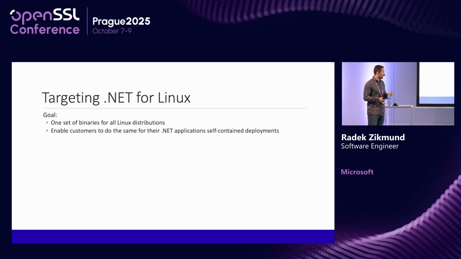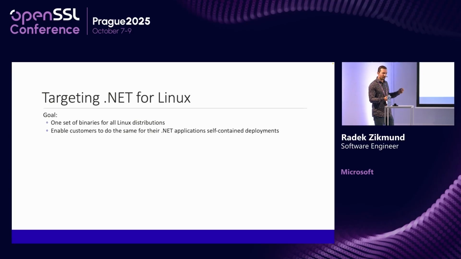And yeah, that is also probably not the Linux way. The Linux way might be to build separately for each distro, but this also allows our users to do the same thing with their own applications.